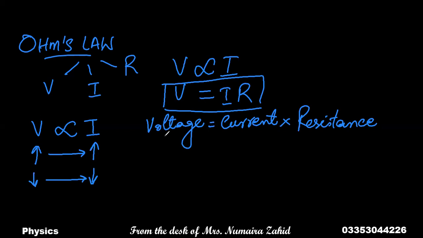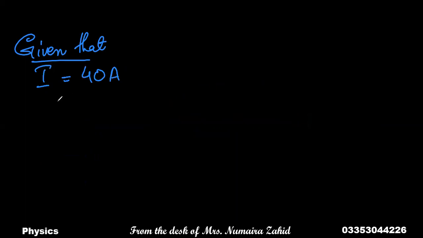Whenever we want to calculate voltage, we take the product of the values of current and resistance. Let's say, for example, it is given that the current is 40 amperes and the resistance of the material is 20 ohms.